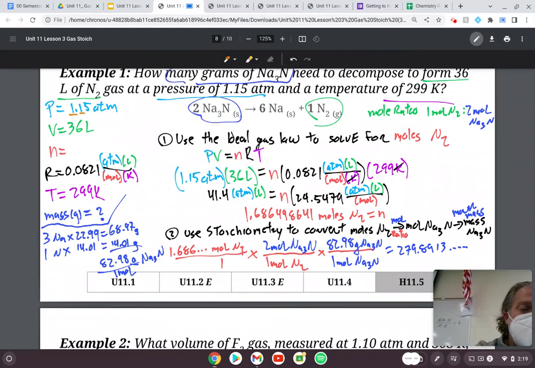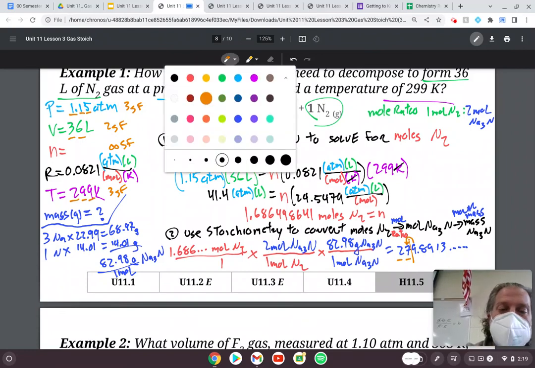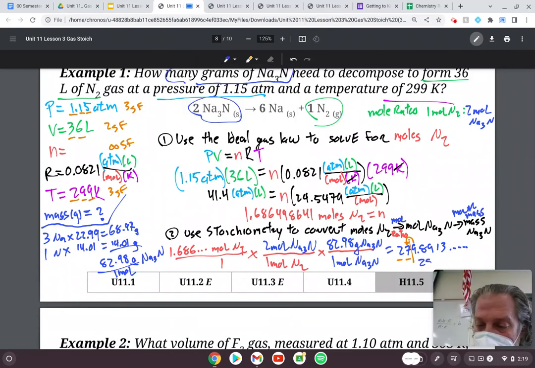The pressure given in the problem is 3 sig figs. The volume is 2 sig figs. The ideal gas law constant has infinite sig figs. The temperature is 3 sig figs. So my answer needs to have 2 sig figs. I count 1, 2. That 9 does round that 7 up. So my final answer here is going to be 280, with no decimal point, grams of Na3N.